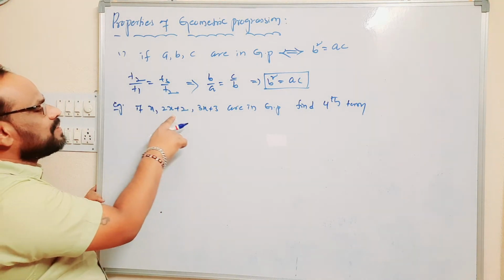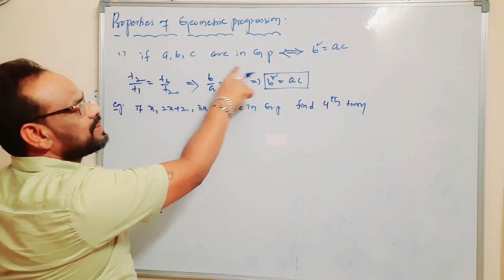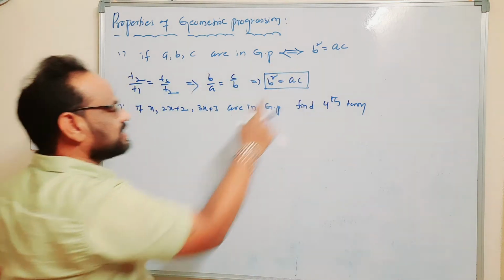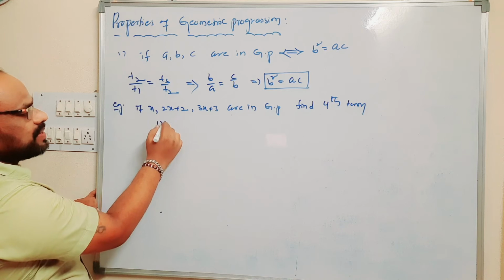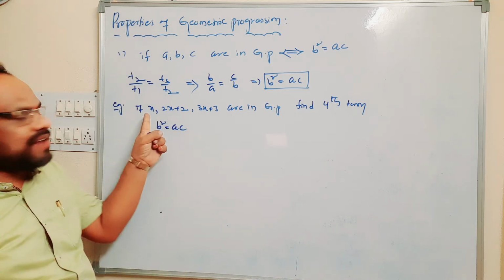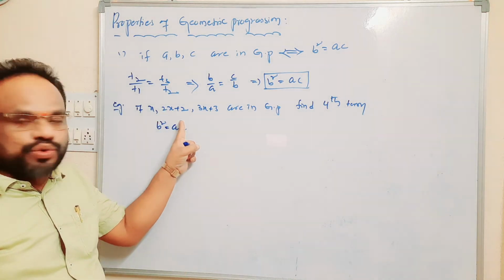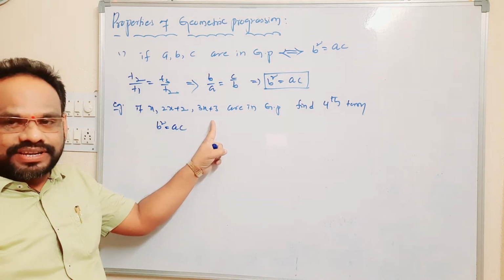Observe here, A, B, C are in geometric progression, then B square is equal to AC. Here A value is x, B value is 2x plus 2, and C value is 3x plus 3.